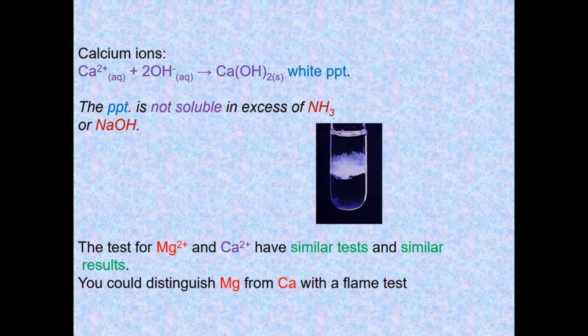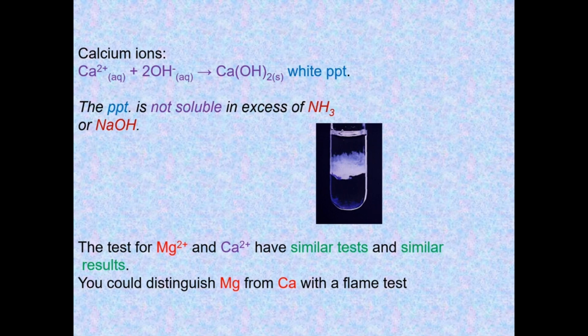The tests for magnesium and calcium are similar, and they give similar results because both of them don't dissolve in excess ammonia or sodium hydroxide. So the only way to distinguish between magnesium and calcium is using a flame test.